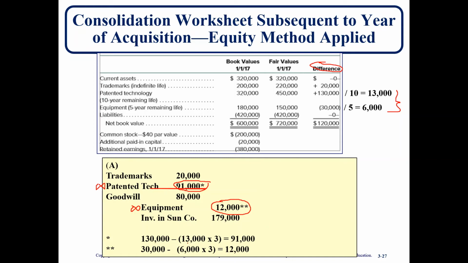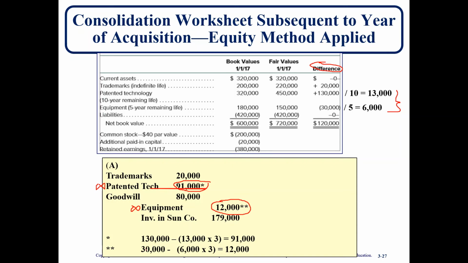We're going to have to manually make these consolidation entries year after year until they dispose of this asset to a third party. So this accumulated amortization is used to reduce this difference of 130,000. The net amount that we are including in our consolidation entry is 91,000 for patented technology.